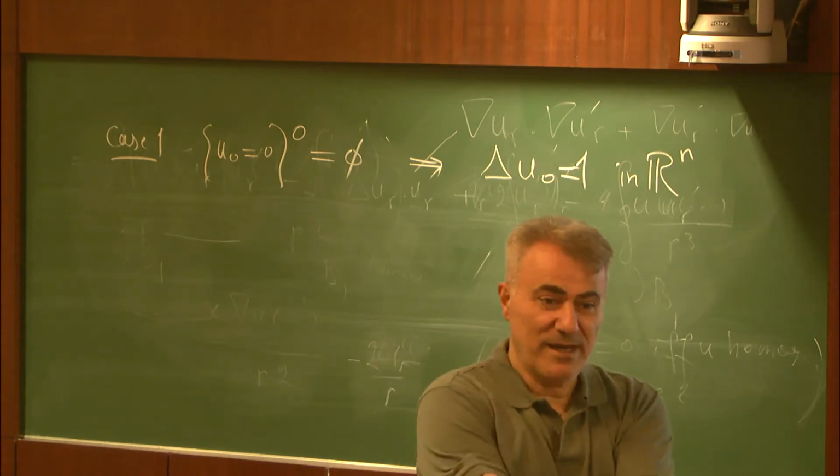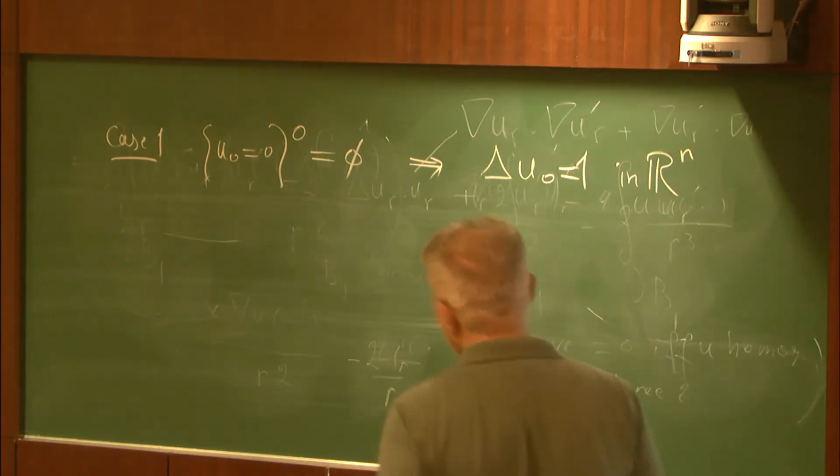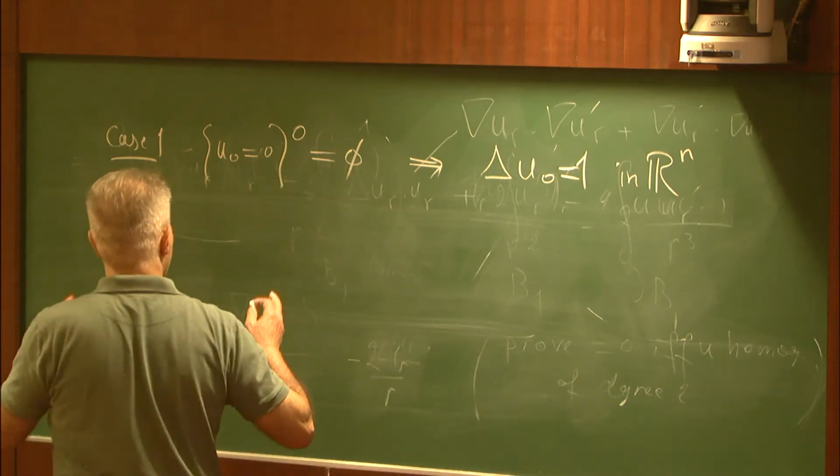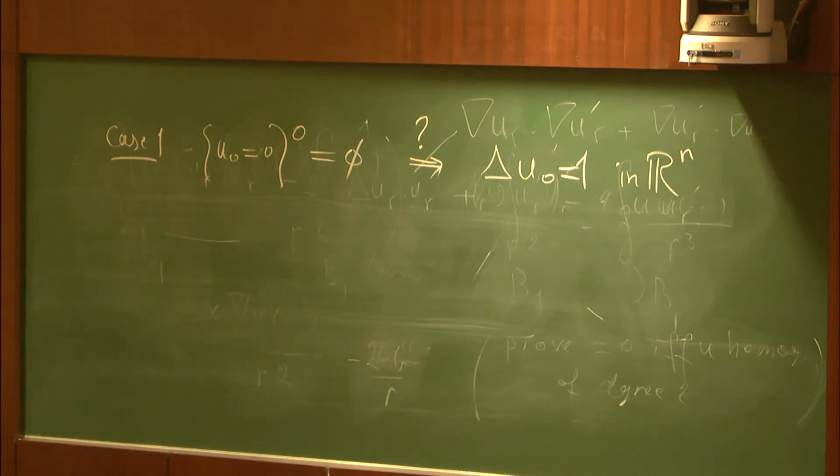Can you see why that is? I'm saying that U0 being 0, the coincidence set has empty interior. I know it's homogeneous. Okay, that's one case, and I'm claiming that this means that Laplacian of U0 is 1.